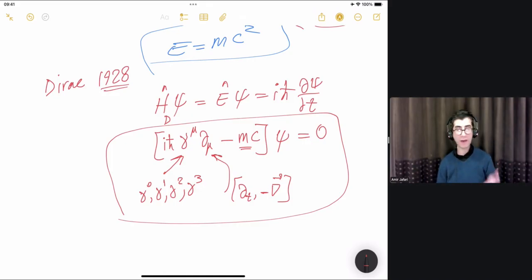But the Dirac equation does not have that problem with probabilities. Probabilities are positive definite here. But there is another problem. The problem with the Dirac equation is that it leads to negative energy states, negative values for the energy of the particle. Dirac was clever enough to find a kind of solution for that.